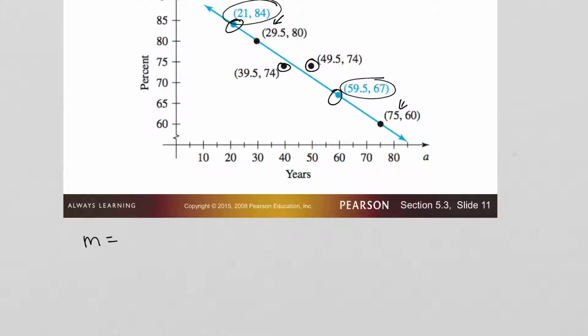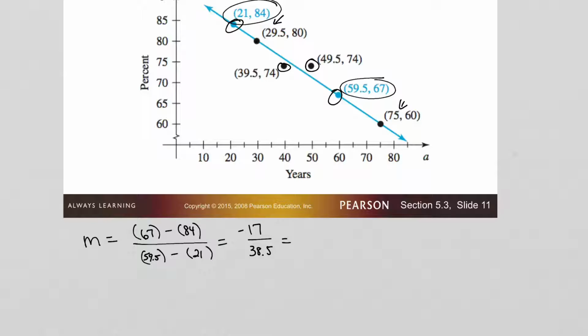So my slope is, and I am using 67 and then 84, and then I've got 59.5 right here and 21. So whenever I do this math, I get negative 17 right there, and I get 38.5 down there.